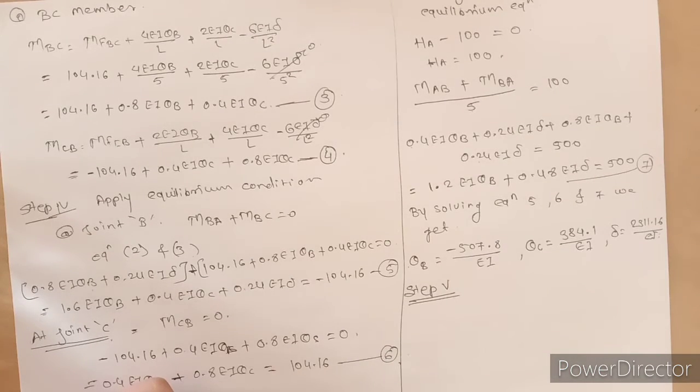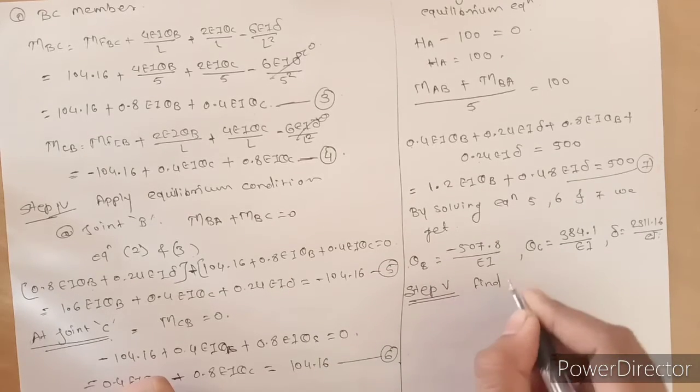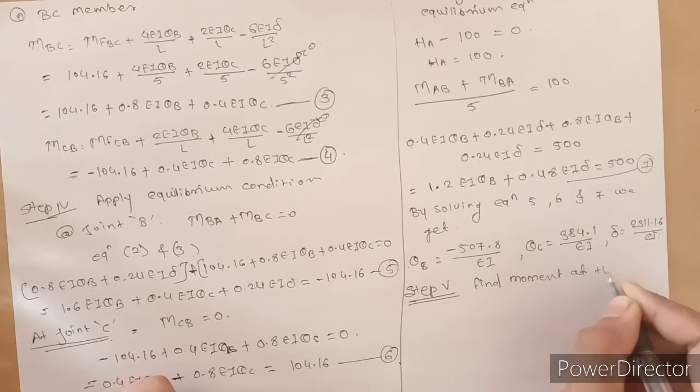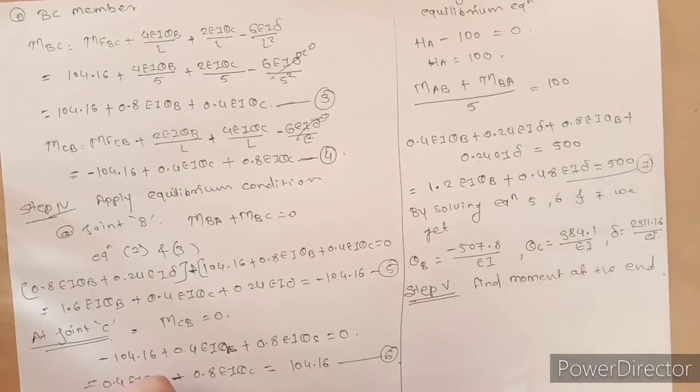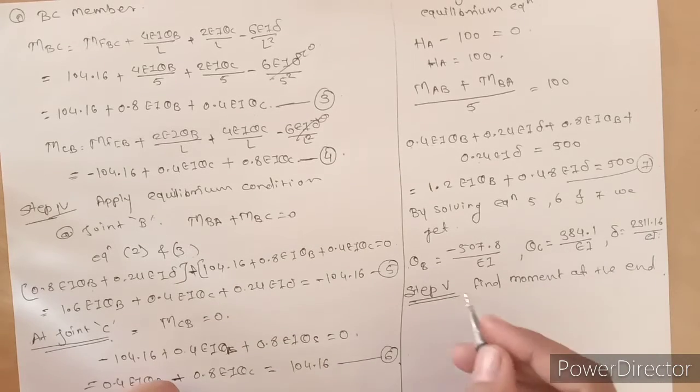Okay, then after that, step number 5. The fifth step is to find the end moments. Adding these theta B, theta C and delta values in equations 1 to 4, we get the end moments.